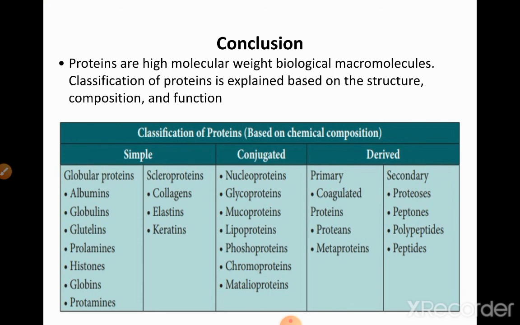In conclusion, proteins are high molecular weight biological molecules. Classification of protein is based on structure, composition, function, and solubility. Again, this is shown here: simple proteins, conjugated proteins, and derived proteins.